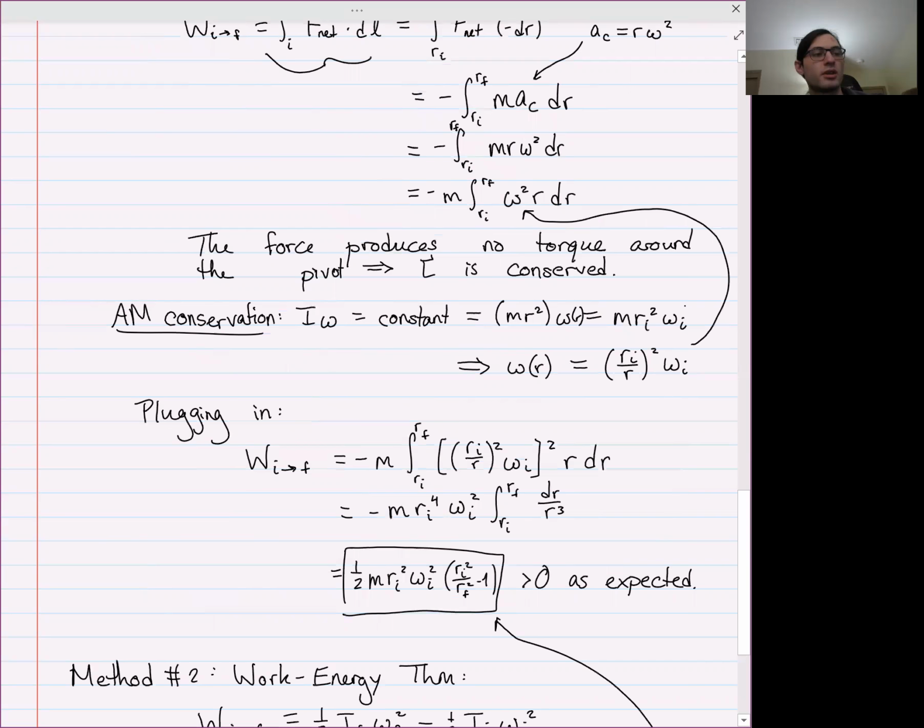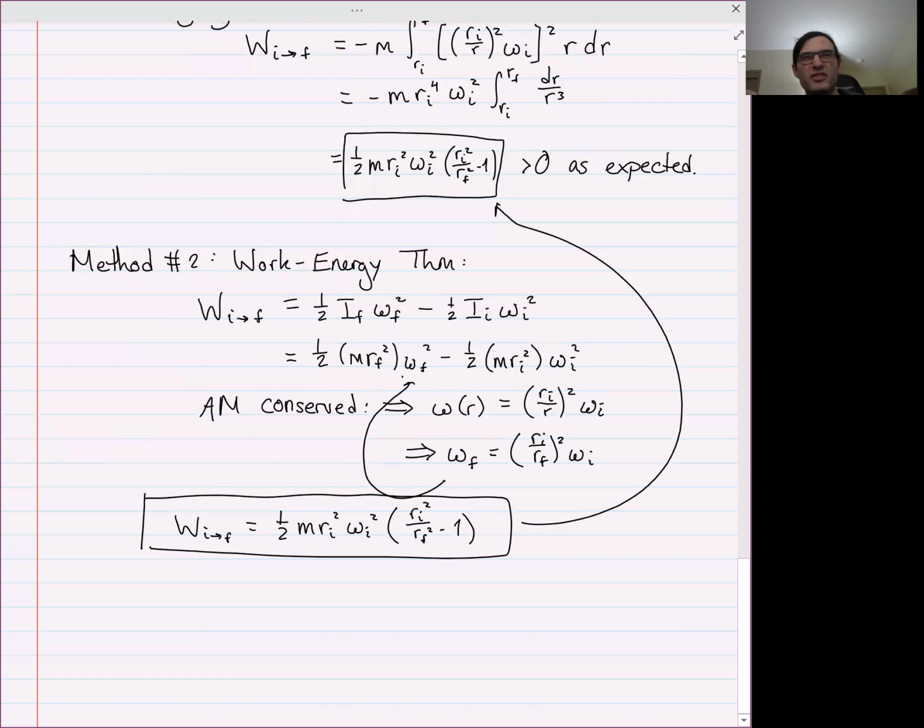So the lesson is thus: any situation that involves only forces that emanate from a single point or point towards a single point, any situation that only involves central forces, conserves angular momentum about that point, and you can use that to learn a lot.